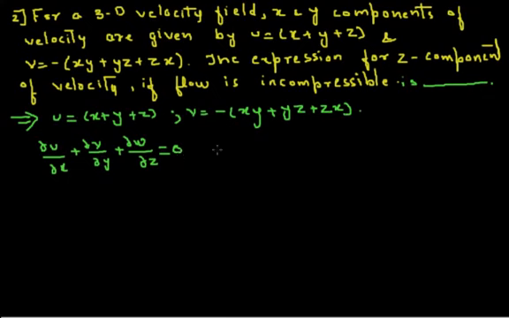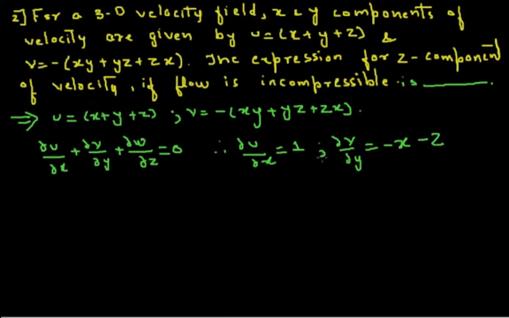Therefore now we have del u by del x, differentiating u with respect to x, we would get 1, and differentiating v with respect to y, we would get del v by del y is equal to minus x minus z.